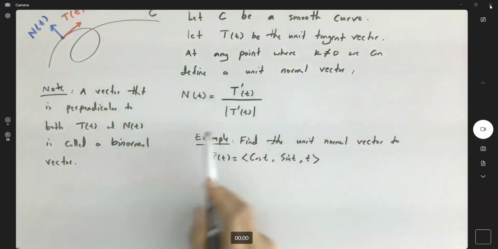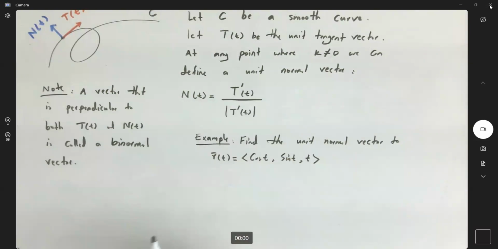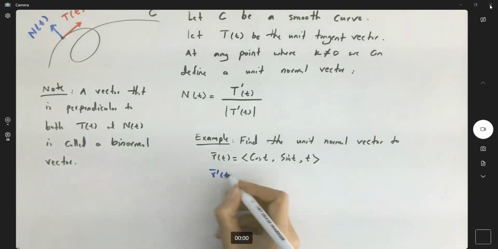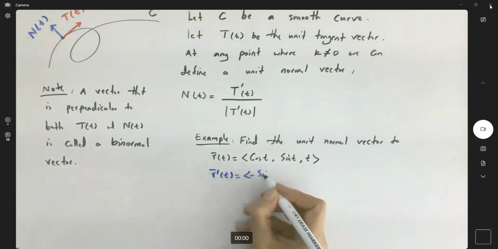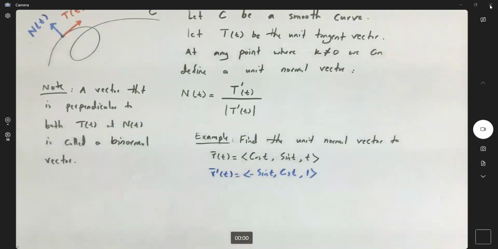Well, we just need to follow this formula. What is T prime of t? First of all, we need to find the derivative of r. r prime is equal to negative sine t, cosine t, and 1.